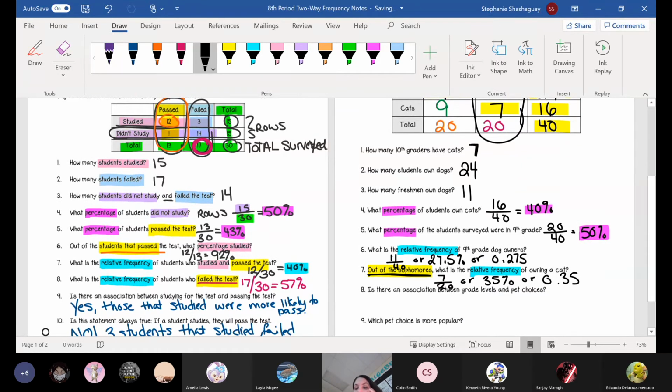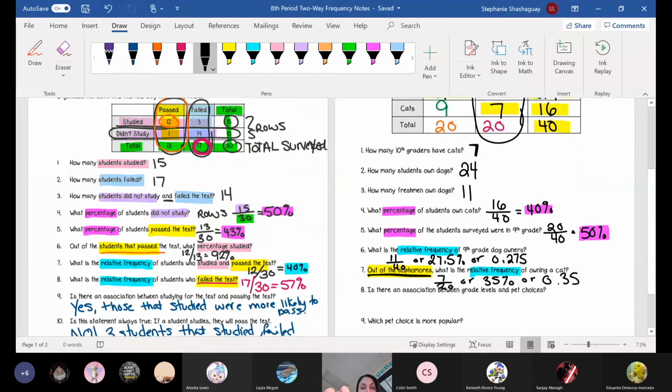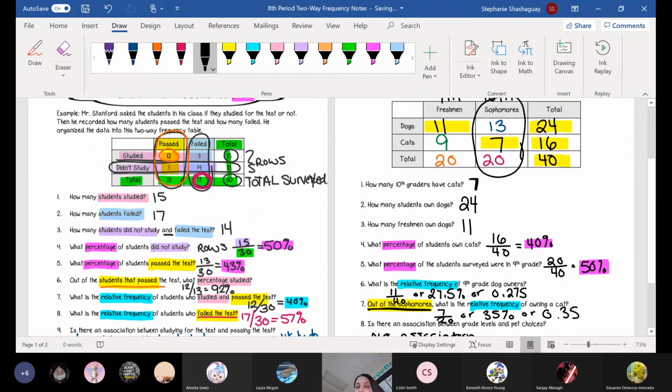Is there an association between grade levels and pet choices? Does there seem to be any strong association between grade levels and pet choices, or is it kind of just random? Random. So there is no association. Which pet choice between dog and cat is the most popular?